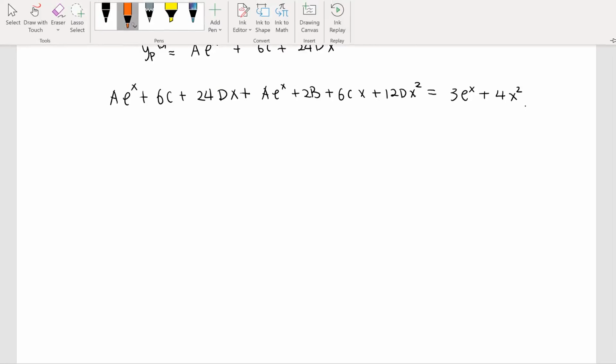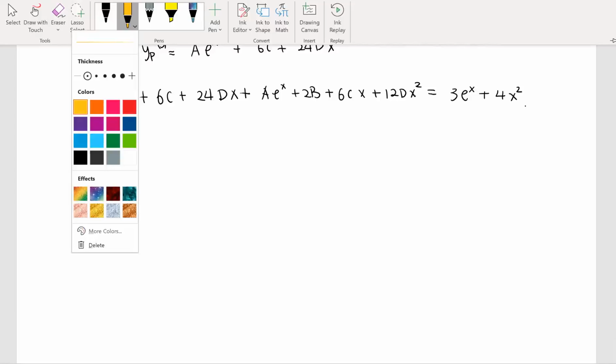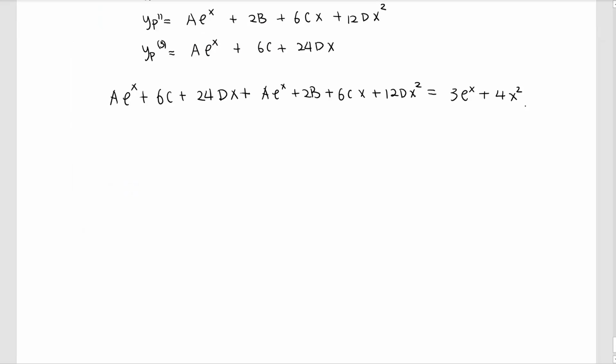Okay, what color do we use first? How about yellow? We haven't used yellow before. So let's look at e to the x here, here, and here. So a plus a is 3, so a is 3 over 2. This one is easy.